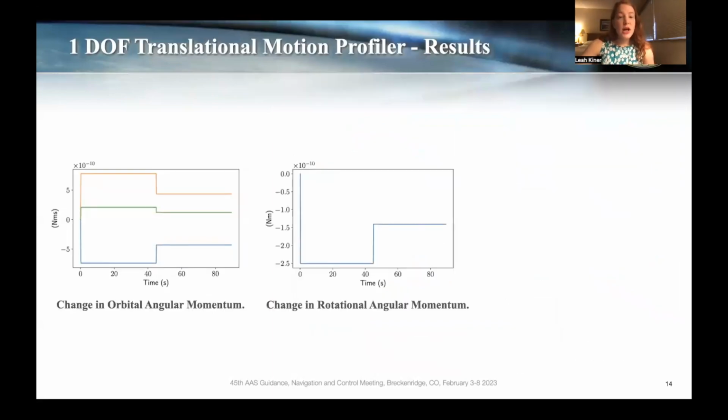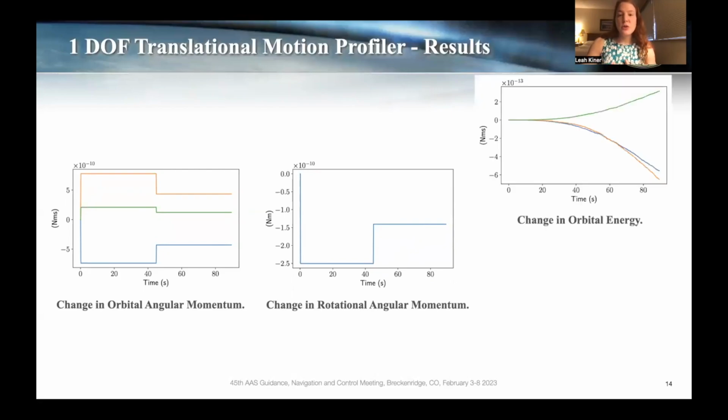And then we also are checking our conservation quantities again. Here we have our orbital angular momentum and our rotational angular momentum. Our axes are not looking as nice as before, but we do have them at 10 to the negative 10. And we are also attributing these effects to holding our prescribed states constant over the RK4 time step.